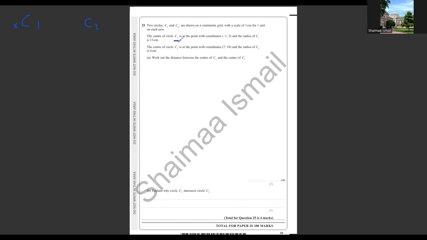The center of C1, let's draw it like this. This is the center, which has a coordinate of -1 and 3. So we write it like (-1, 3).